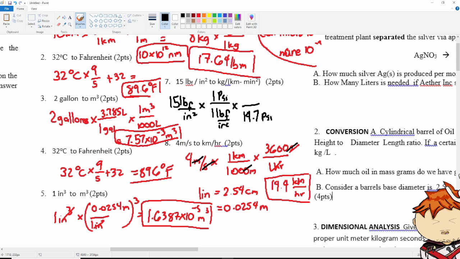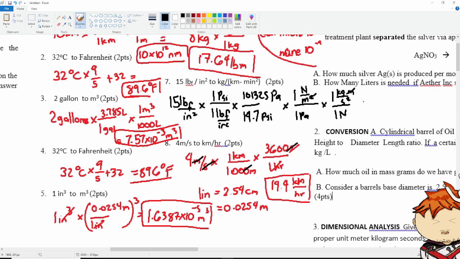14.7 PSI is 101,325 Pascal. And 1 Pascal is 1 Newton per meter squared. Okay, we're cooking. 1 Newton is 1 kilogram meter per second squared.